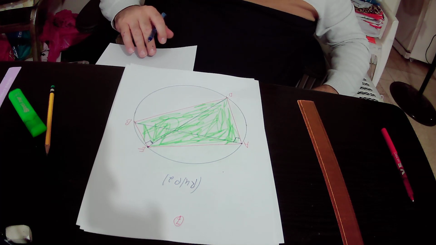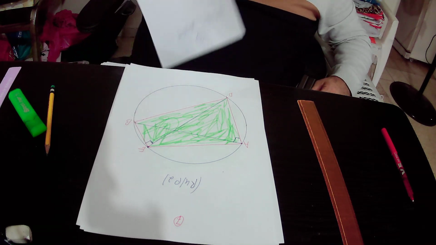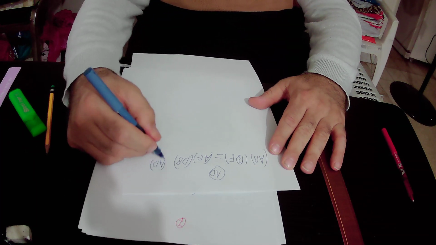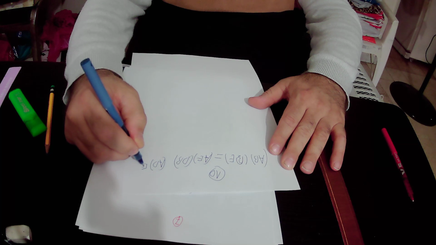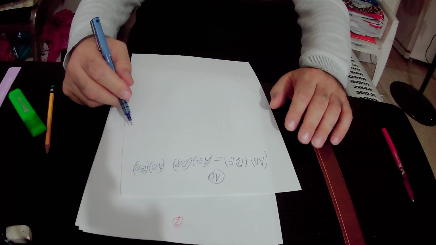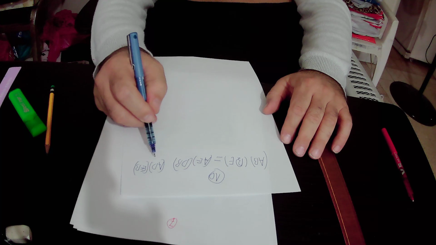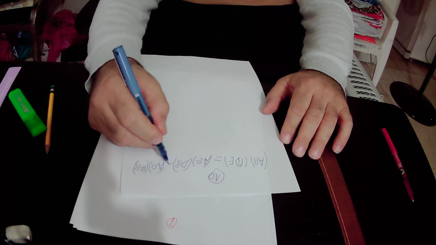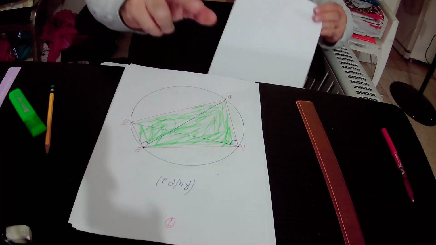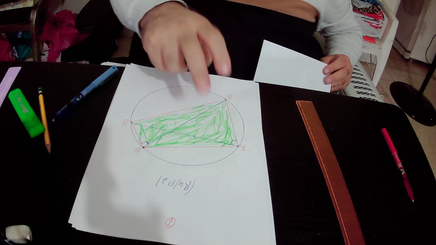And the second product of its opposite sides is actually AD times EB. And the sum of the products of its opposite sides is the first product plus the second product, or AE times DB plus AD times EB. That is the sum of the products of quadrilateral AEBD opposite sides.